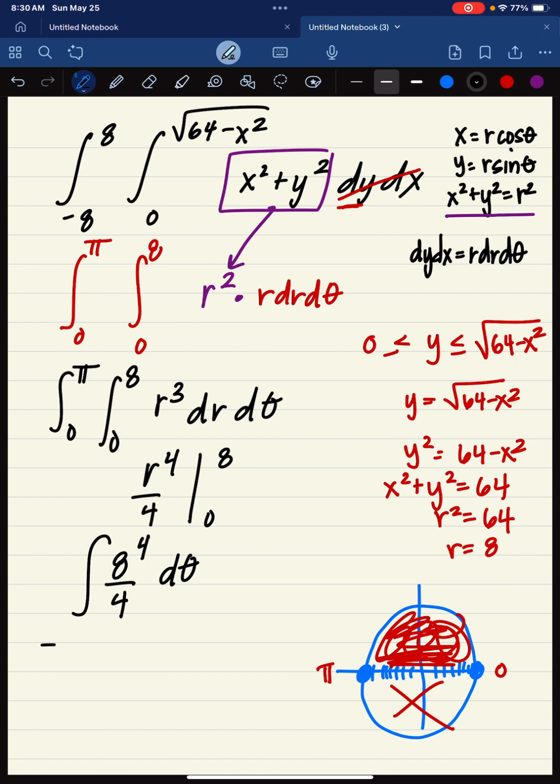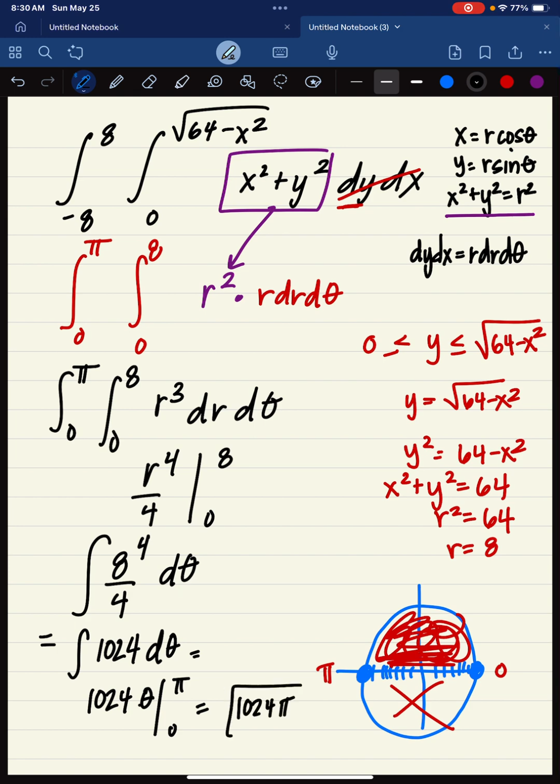Sorry, I don't have a calculator today. You would think I would. So let's divide that by 4. I get 1024. Okay, so this is going to be 1024 d theta, which is going to be 1024 theta, evaluated from 0 to pi, which would be 1024 pi as my answer.